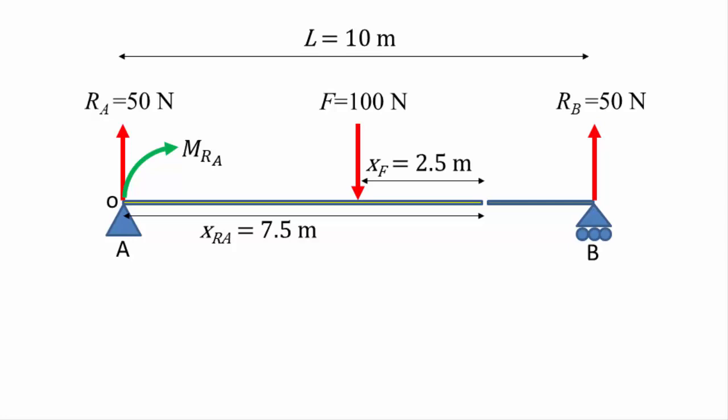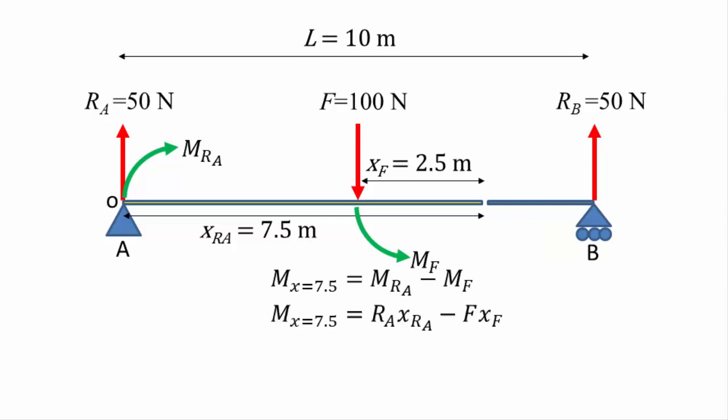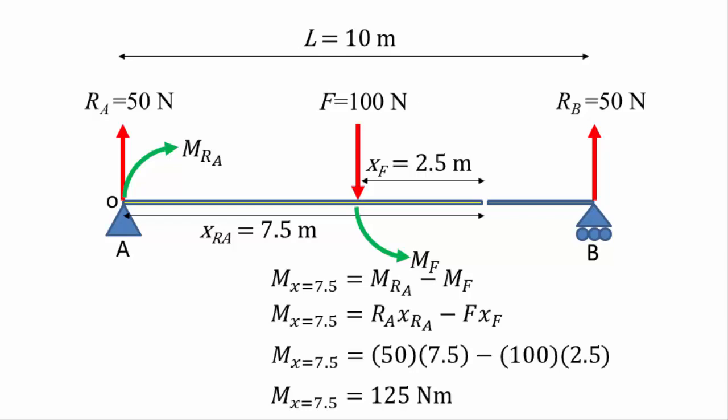As F points downwards, it produces a moment about the cut in an anti-clockwise direction. Moments in the anti-clockwise direction are negative in the sign convention. So our moment equation becomes the bending moment due to Ra minus the bending moment due to F. And this gives us a value of 125 Newton meters at 7.5 meters along the beam.